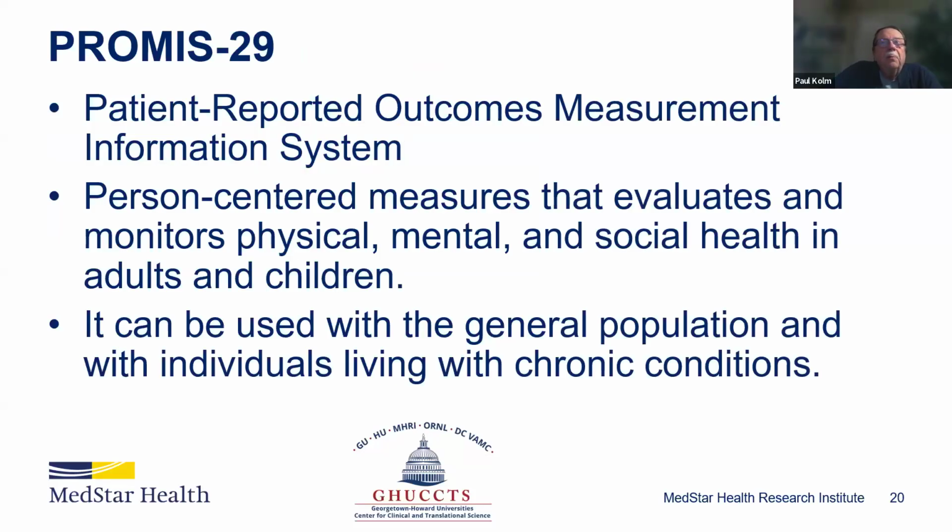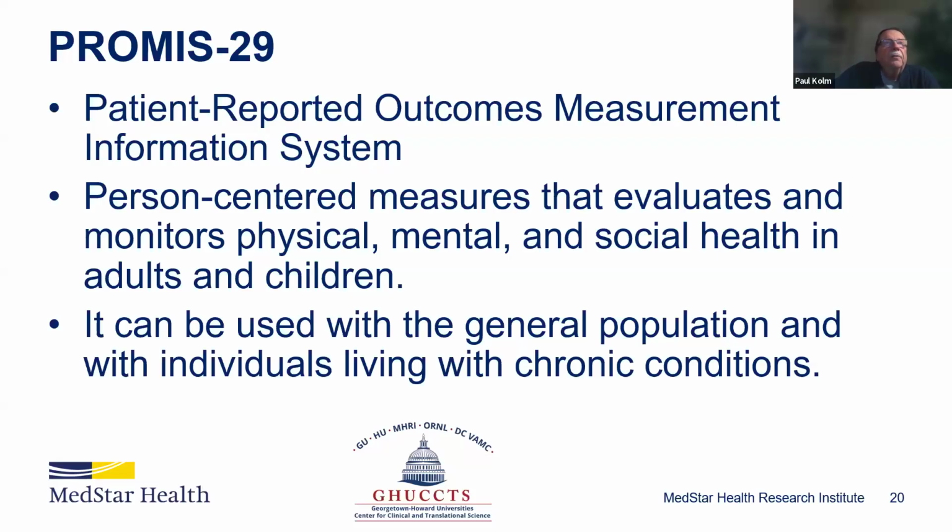But these are person-centered measures that evaluate physical, mental, and social health. And there are forms, I think, for both adults and children. It's often used with individuals with chronic medical conditions, although it can be used in the general population as well. It's a well-established measure.